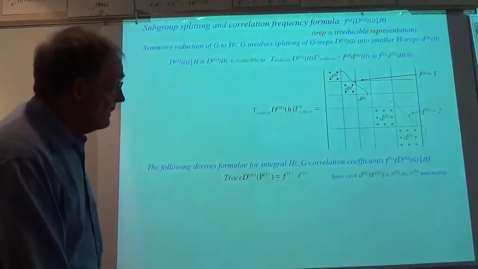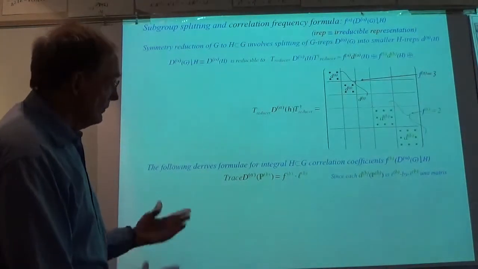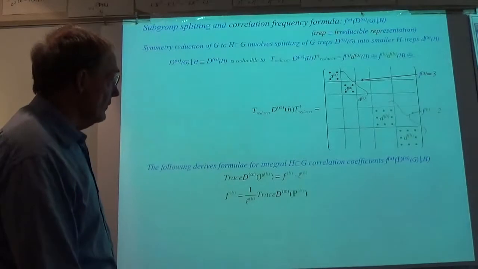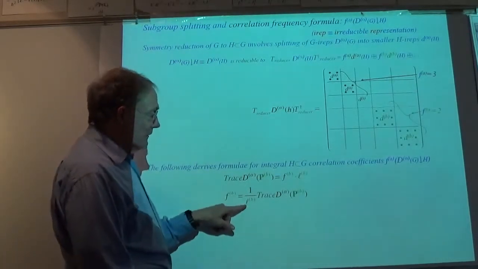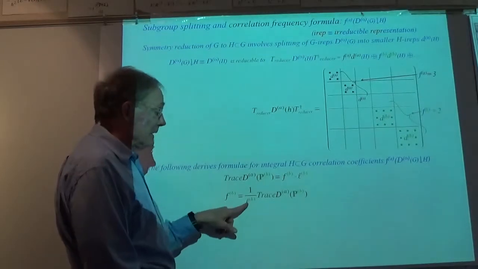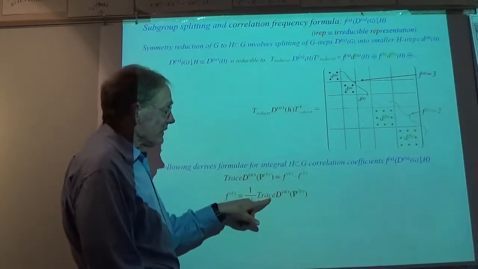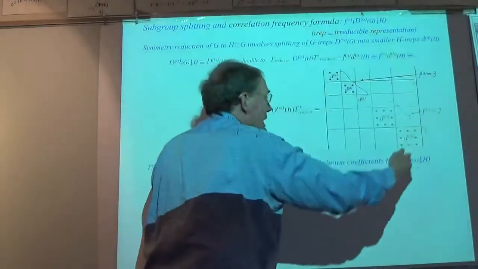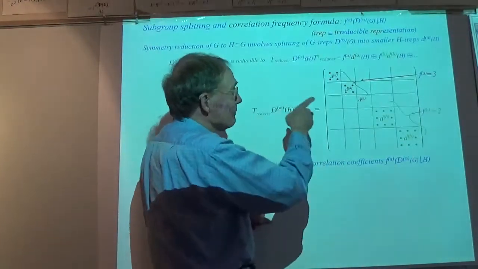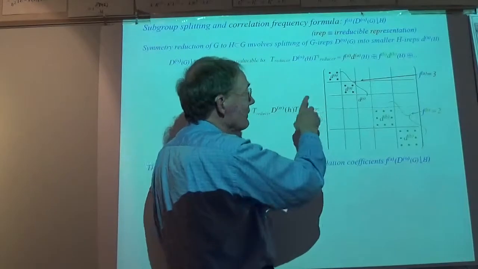Okay, so that's the basis for making a formula for this thing. So the frequency is 1 over the dimension of B times the trace of this irreducible representation alpha. Say this particular one has a dimension here.